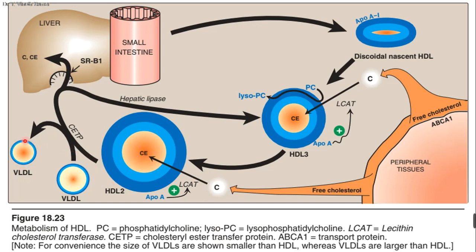Then HDL binds to the SRB1 domain and is endocytosed within the liver, and cholesterol and cholesterol ester are metabolized by the liver. So this is the overall pathway of HDL, and among the four, HDL is very important, as it is involved in the conversion of cholesterol to cholesterol ester.